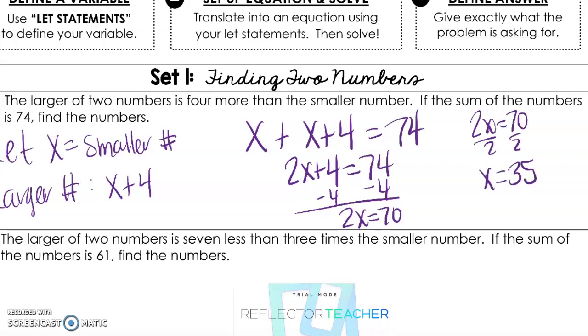Usually that would be our answer and we're done, but it says to find the numbers. Since our smaller number was 35, the larger number is 4 more than that, which is 39. So 35 and 39 are our 2 numbers. To make sure you're correct, 35 plus 39 does give you 74.